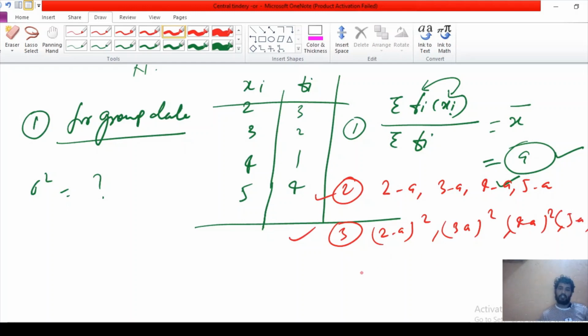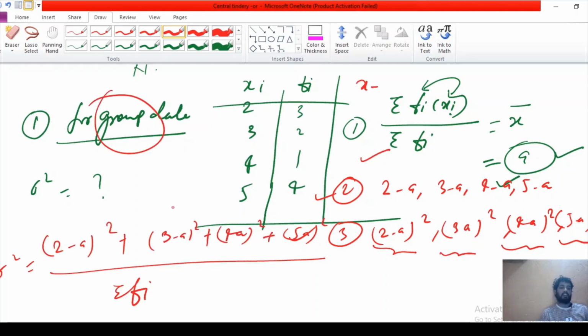And now the question is, what is variance? Variance means the mean of the new deviations, right. So variance of the new observations. This is our new grouped data. What is the formula of mean for grouped data? And that is sum of fi xi upon sum of fi.